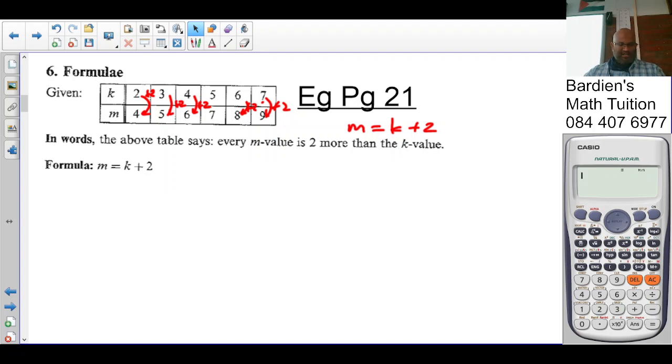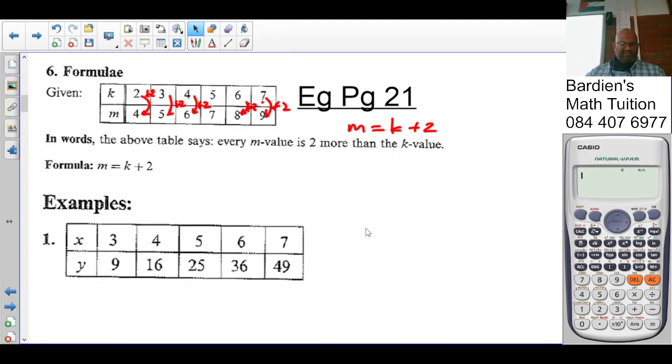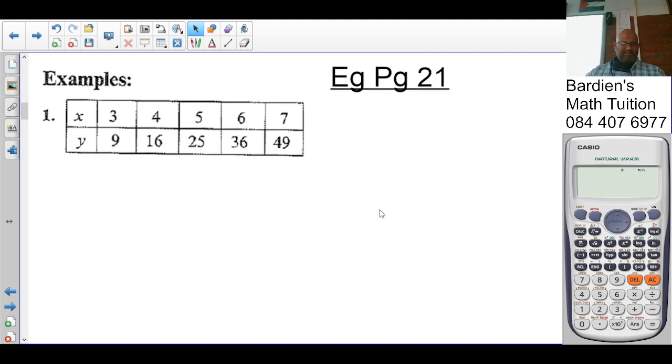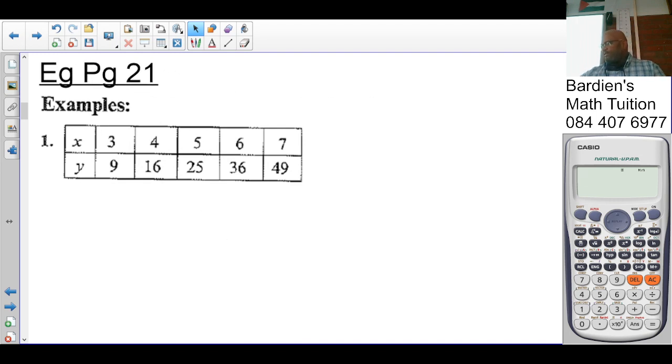We're not going to necessarily write it in words. Example 1. So you write down the table. Then you guys try and figure out the formula, okay?